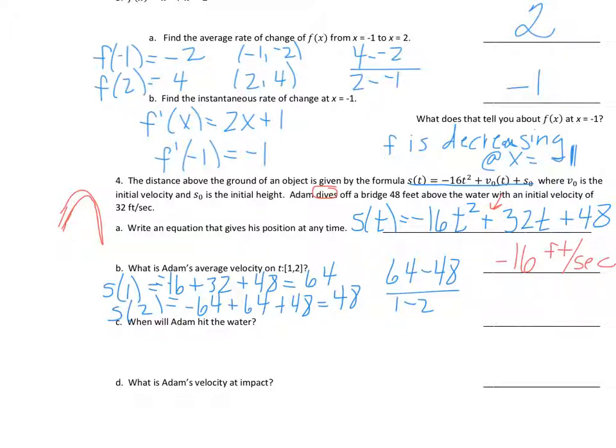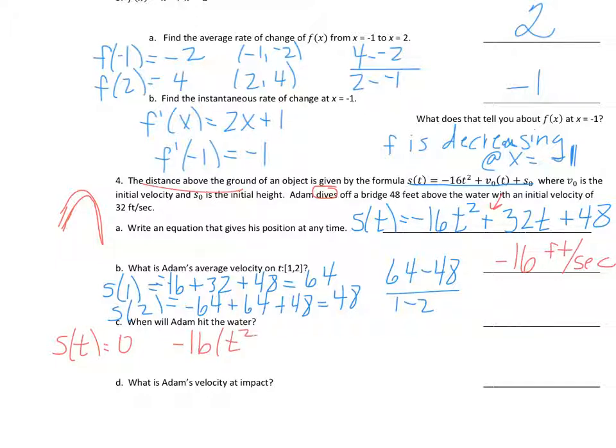Okay, when will Adam hit the water? Well, what would that mean? Well, if S is the distance above the ground, then he'd hit the water when S of t is equal to 0. So I said no calculator. So if I set this equal to 0, I'm going to divide by -16 to make my life simpler.